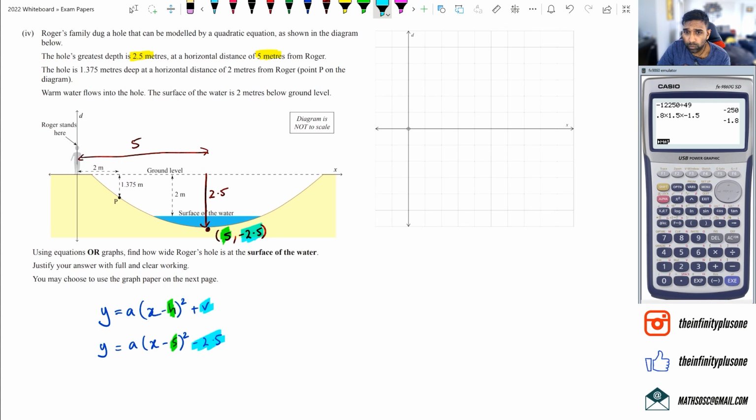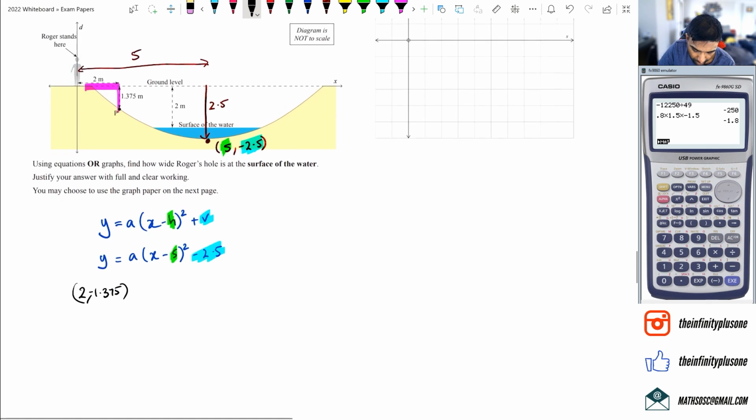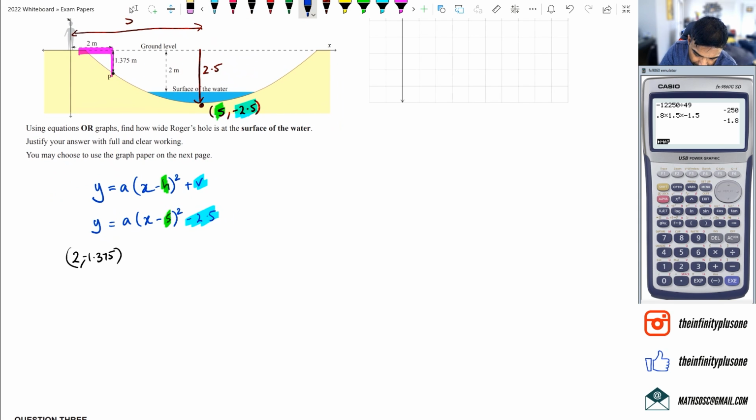Now I've got to figure out what the a value is. To figure out what the a value is, I'm going to use the point (2, negative 1.375), this right there. So this is the point I'm going to be using to try and figure out what the a value is. So to do that, I put in my y value, which is negative 1.375 equals a times (2 minus 5) squared minus 2.5.